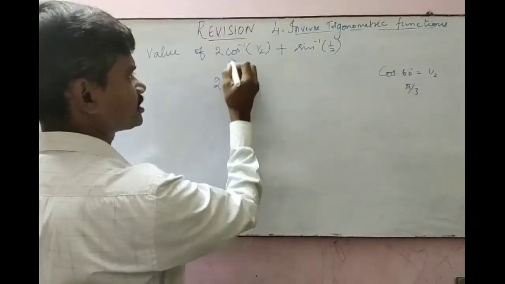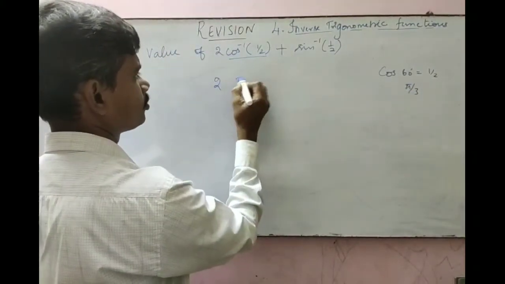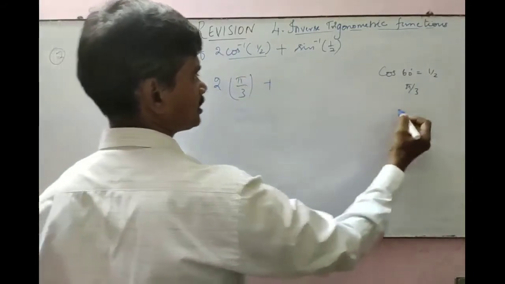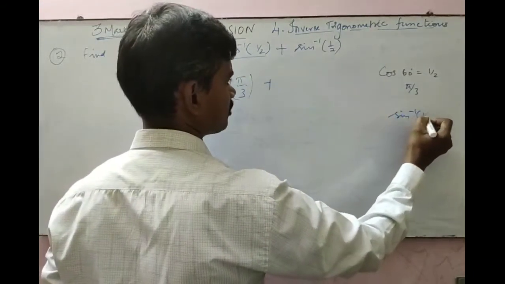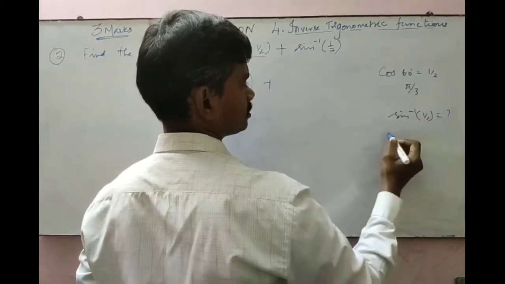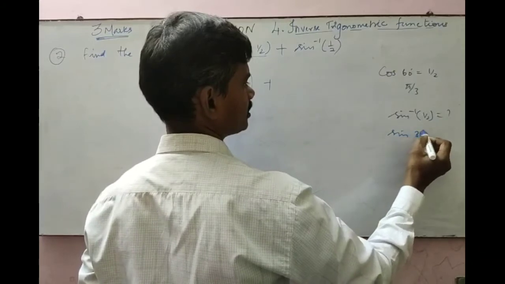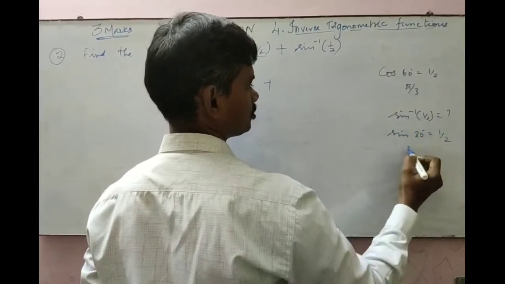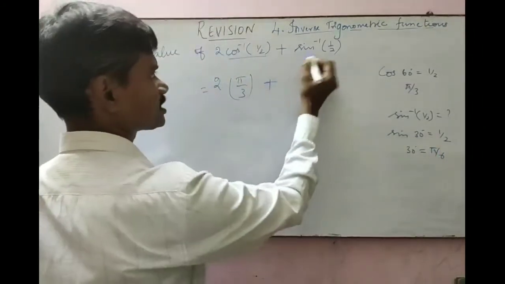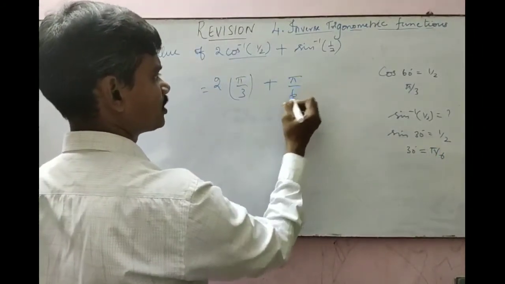So I am going to write this cos inverse of 1 by 2 as pi by 3. 2 into pi by 3. Like that, sin inverse of 1 by 2. Sin 30 degree is 1 by 2. That means 30 degree can be written as pi by 6. So I am going to write this sin inverse of 1 by 2 as pi by 6.